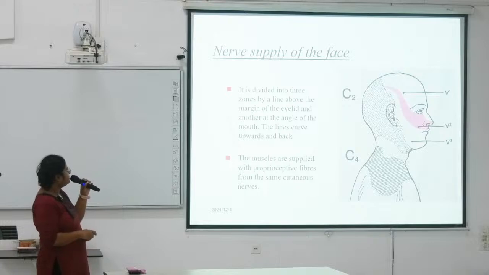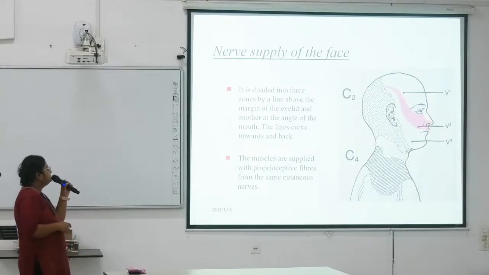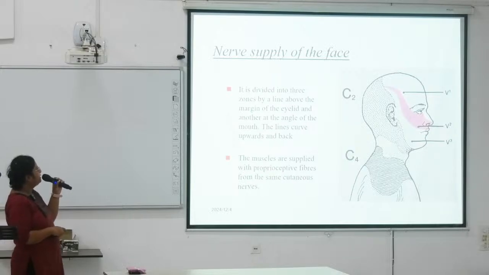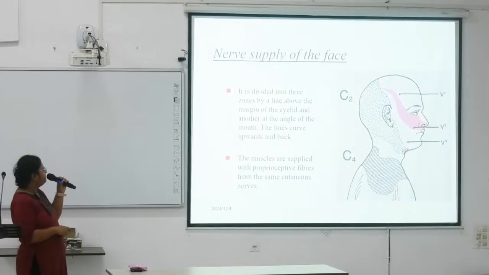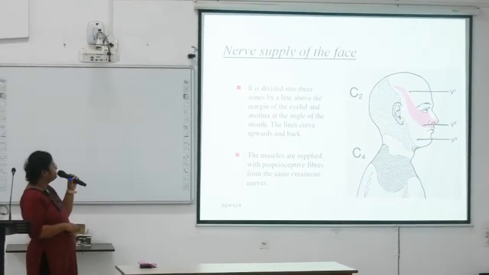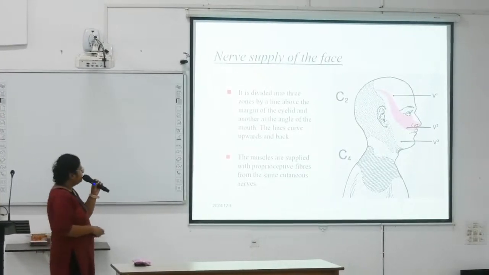So that's how the supply is coming. It is divided into three zones by a line above the margin of the eyelid and another at the angle of the mouth, and the lines curve upward and backward. The muscles are supplied with proprioceptive fibers from the same cutaneous nerve.